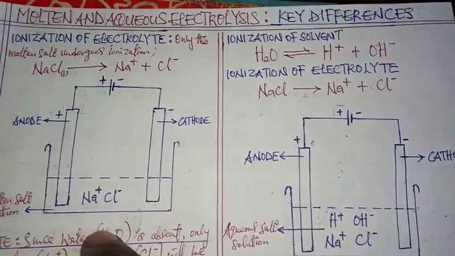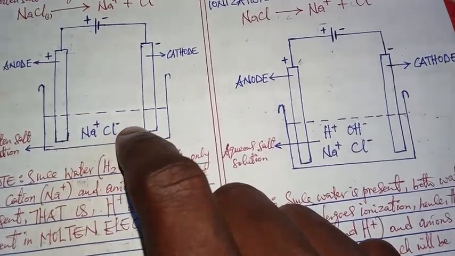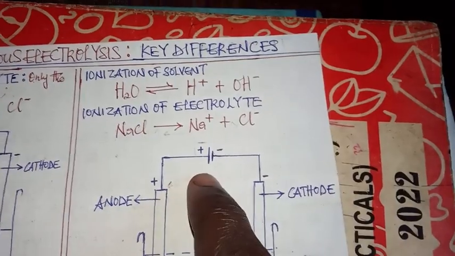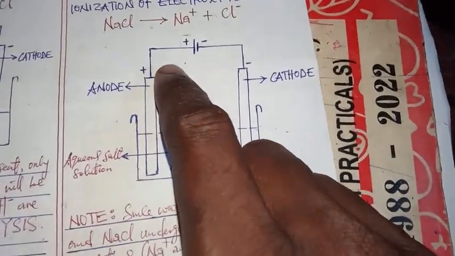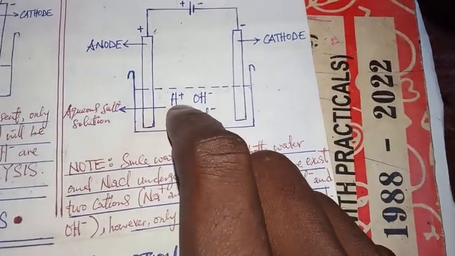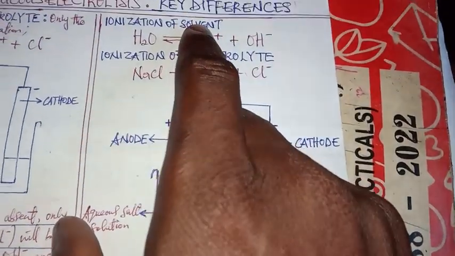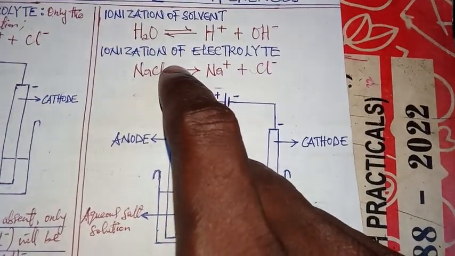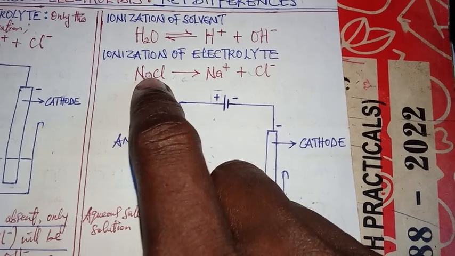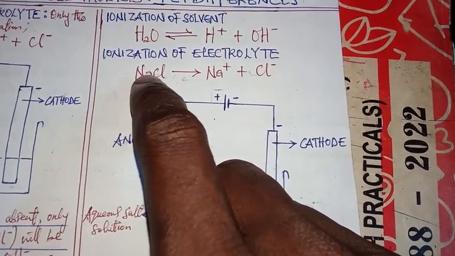So sodium chloride is going to split into sodium ion and chloride ion. But in aqueous electrolysis, since water is present, when current is passed into the electrolytes, both water, which is acting as a solvent, is going to undergo ionization, and the substance we're electrolyzing, here we call it the electrolyte, is going to also undergo what?